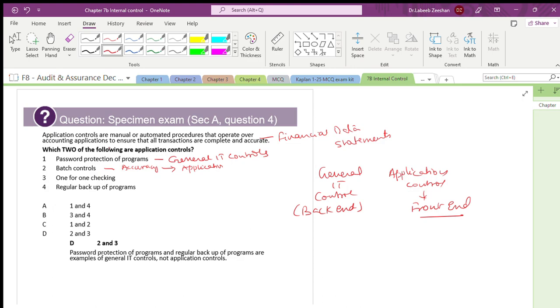One-to-one checking with respect to the master records is an example of application control. Regular backup is not related to us; it is related to the IT department.